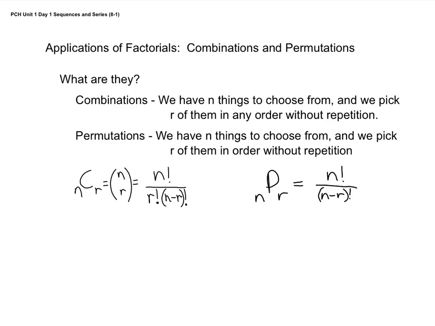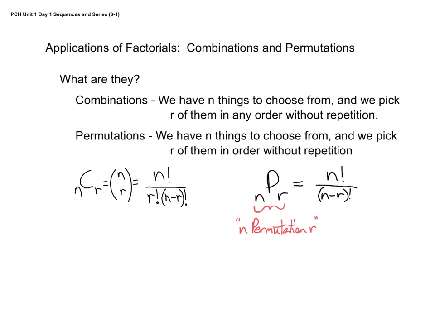N factorial would arrange all of the stuff that we have. Well, if you look at this you could read it as n permutation r, okay? That's how you'd read that.